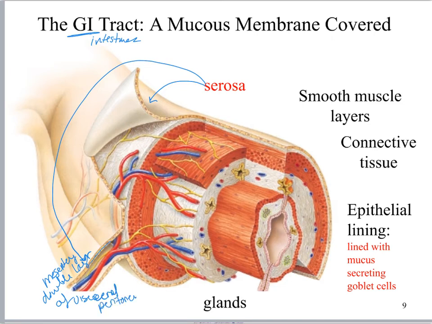What's cool is you can see the layers here and here, and then you can see the blood vessels and nerves that are running through it. You can also see how the double layer splits in a single layer of visceral peritoneum wraps around the outside, okay? And then we've got various layers of smooth muscle, we've got submucosa, and then here is what we consider the mucous membrane or mucosa of the intestines.